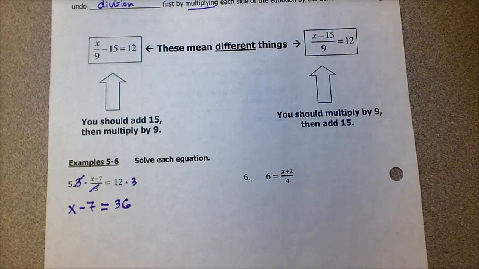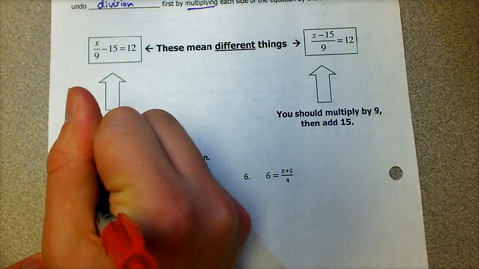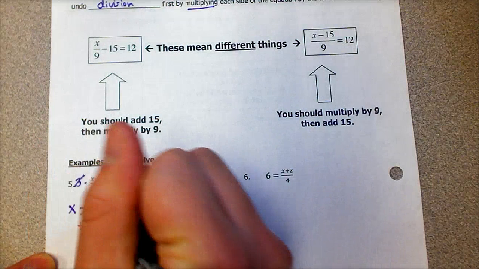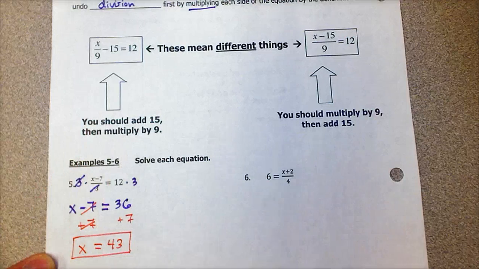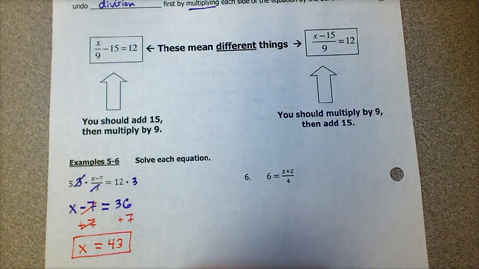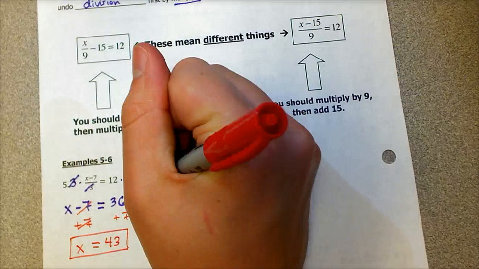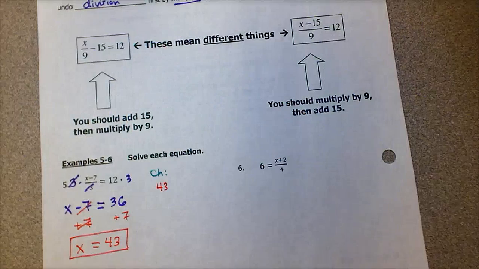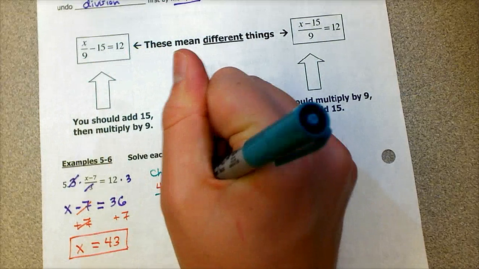And now I can undo the subtraction with addition. So I can add 7 here and add 7 here, and I get x equals 43. Okay, to check that, I need to substitute a 43 in for x. So I have the equation 43 minus 7 all divided by 3 equals 12.